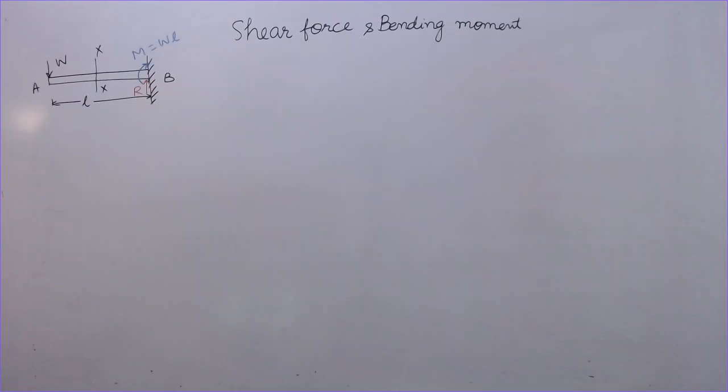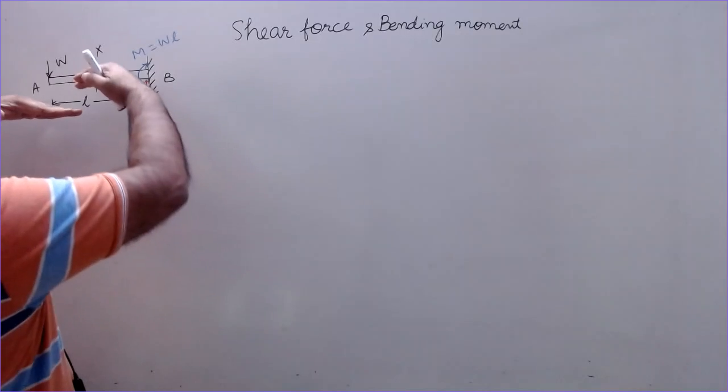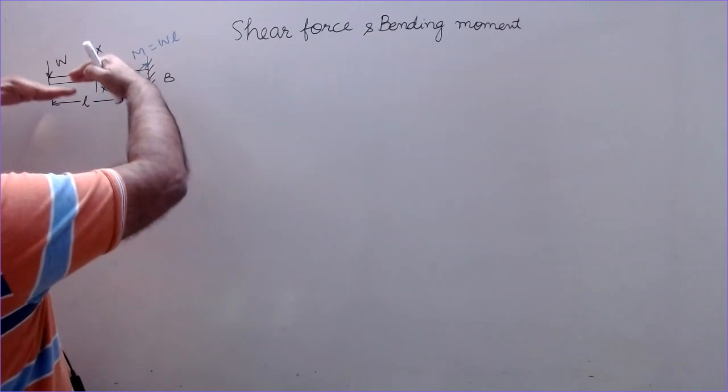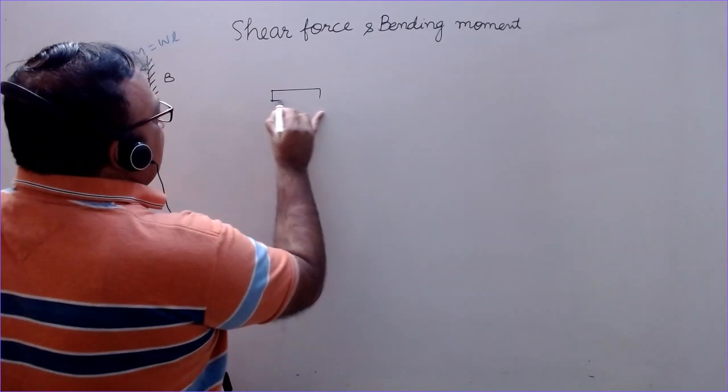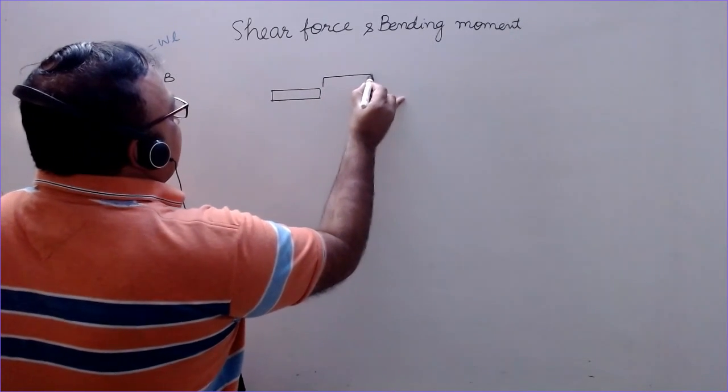Now on the left side of this, which load is present? Load is only W, and it is trying to shear the beam in this direction. This portion would come down, and this slips with respect to this like this. The shearing will be somewhat like this.